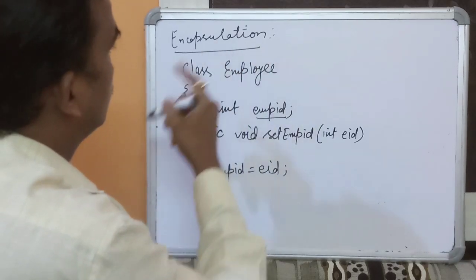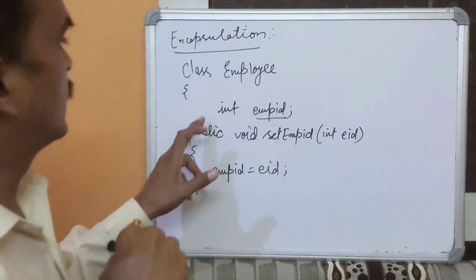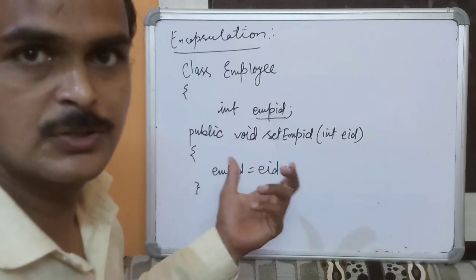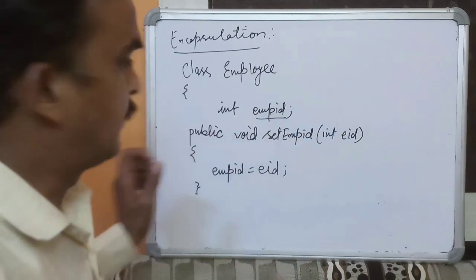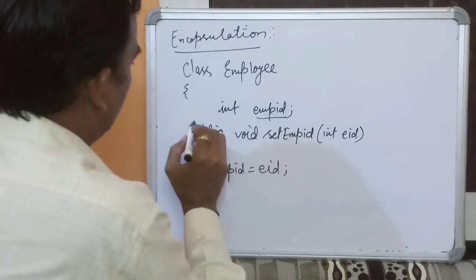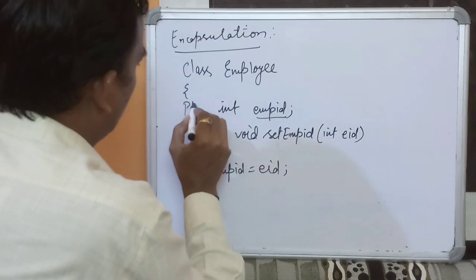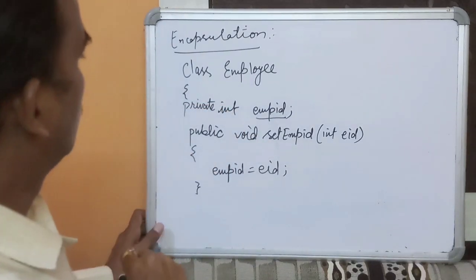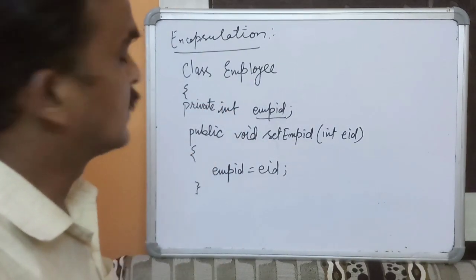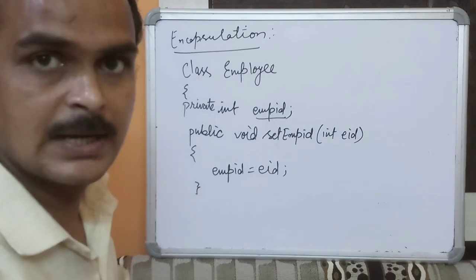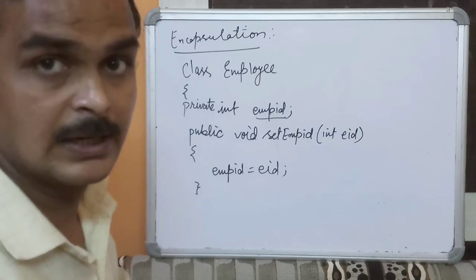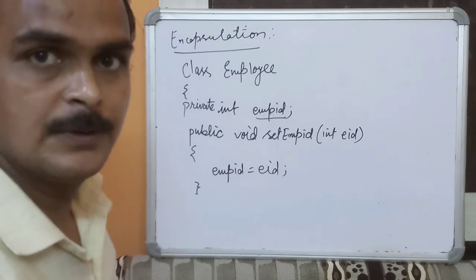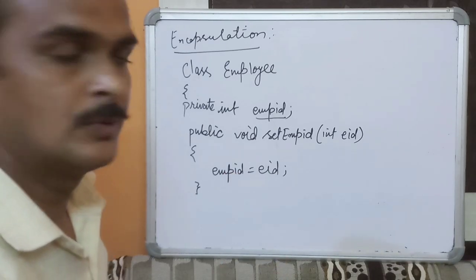To make an encapsulation, the first condition is that whatever variable we declare must be declared as private, so we write private before it. Now the second condition was to provide the setter method and getter methods for modifying the values as well as displaying the value of the variables.